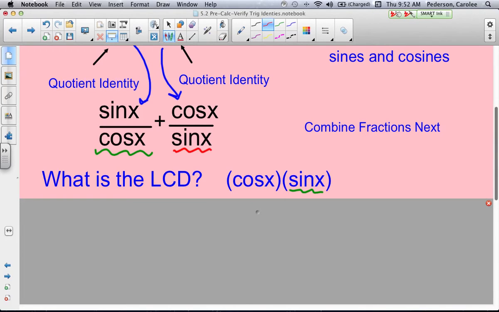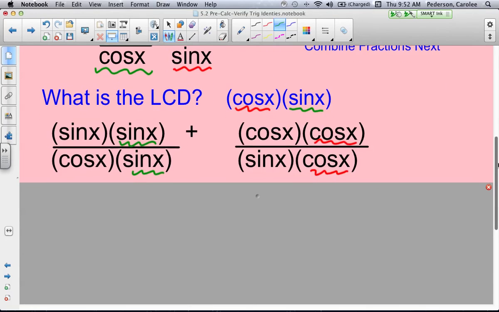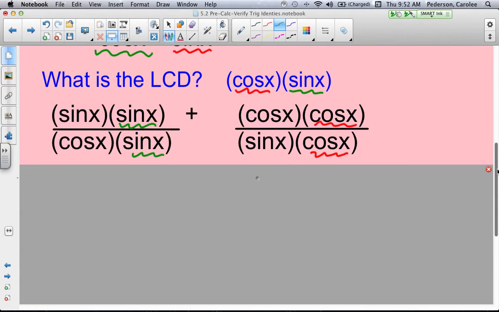Yeah, I need to have the cosine of x. So I'm going to increase the second fraction by a cosine of x and a cosine of x, and the first fraction by a sine of x and a sine of x. Now are the 2 fractions exactly alike, having denominators exactly alike? Yes. So we can combine them into 1 fraction.